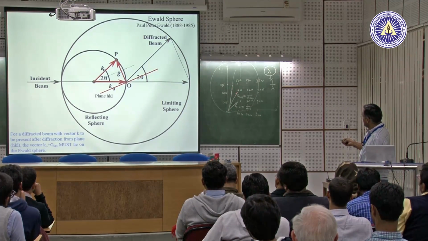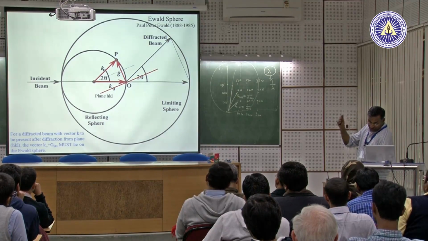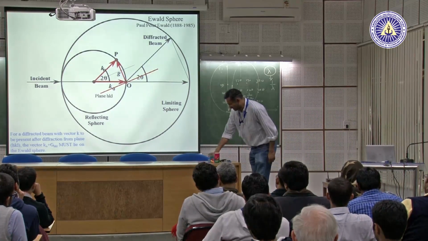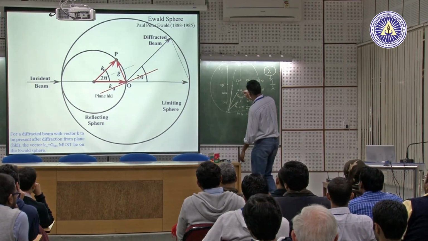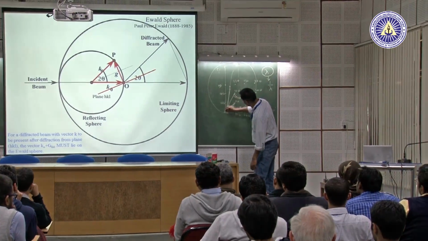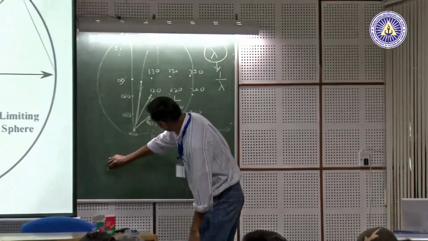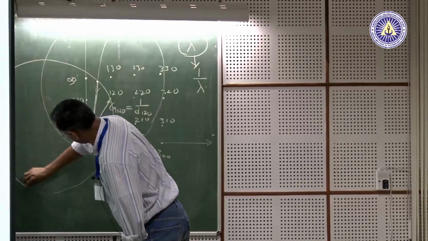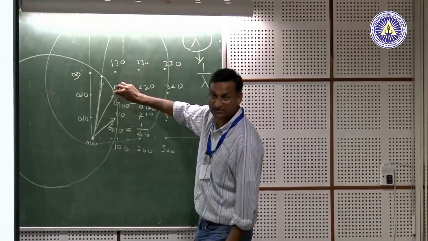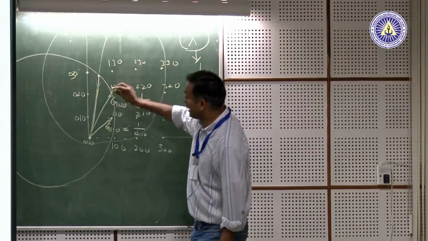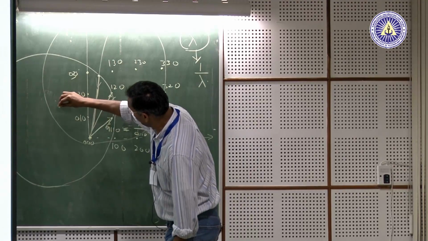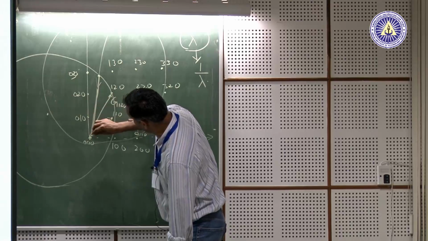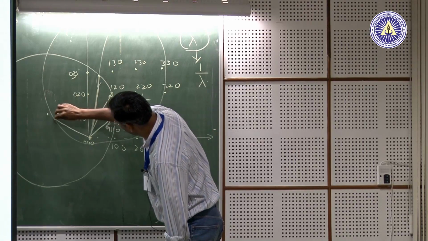So this is the reflection I want to achieve. This diffraction condition will be followed only when you have a beam coming in such a fashion that the sphere you have drawn intersects with this point.